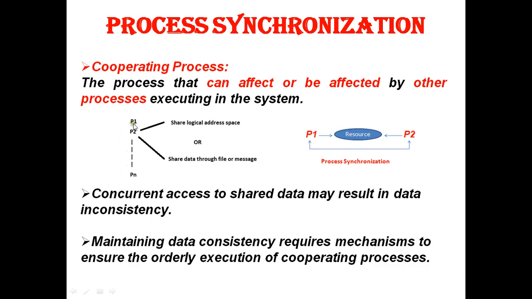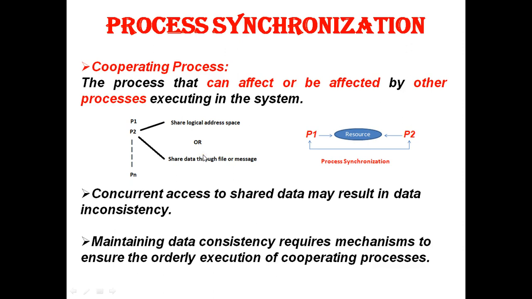That means if process P1 is affected, then process P2 will be affected; if process P3 is affected, process P2 is affected, and so on. So when processes share the same logical address space or share the same data through files or messages, they are said to be cooperating processes.